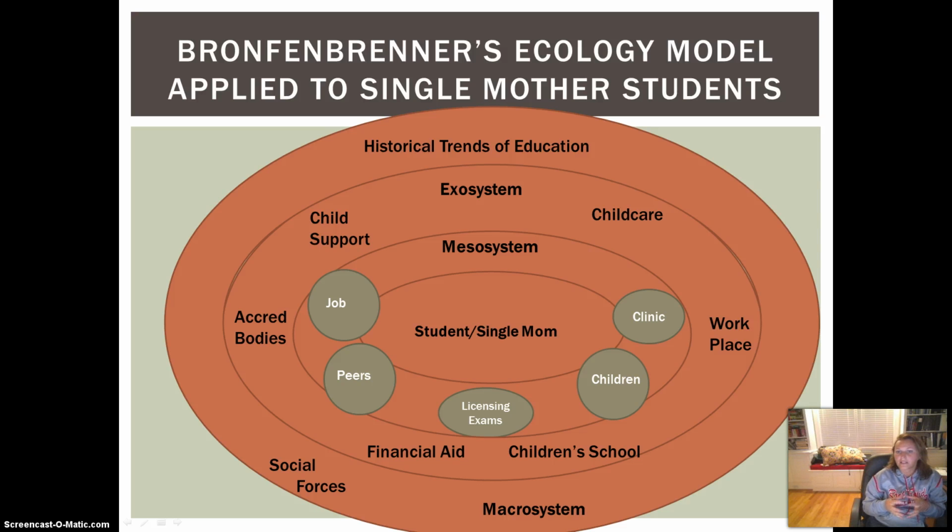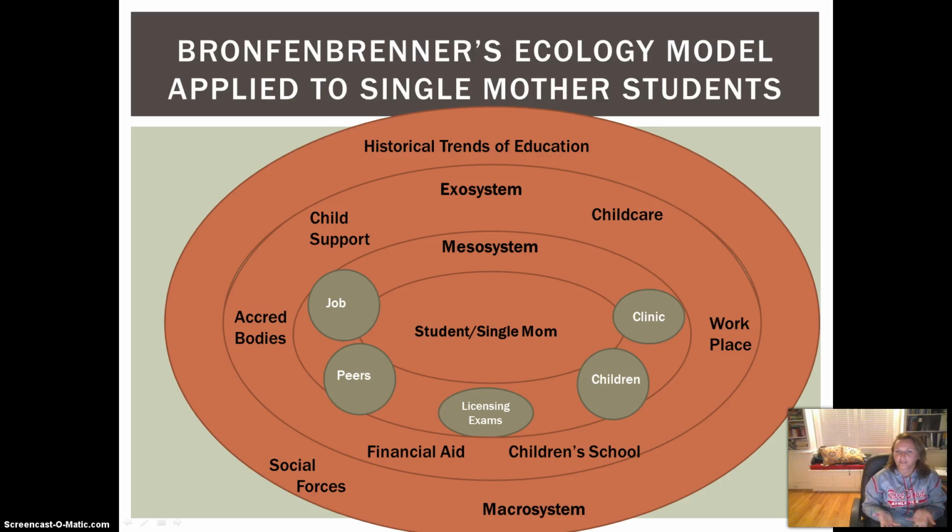So the next ring is the exosystem. These are the things that indirectly influence the student's life, but can definitely have an impact on their success. So childcare. What happens when the child's daycare center is closed? The workplace. What happens if the place that they're working closes or they have layoffs?